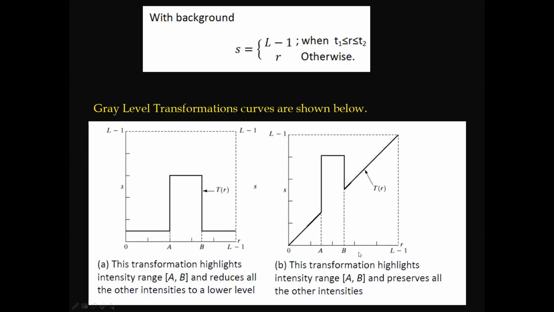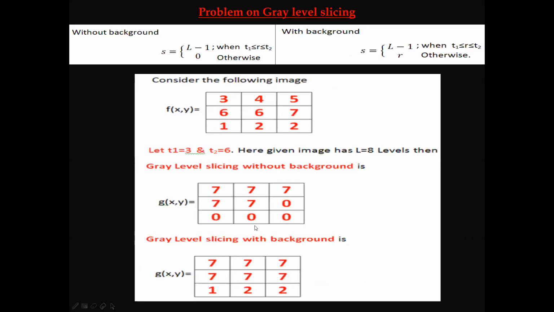In the first case, only between A and B we highlighted, and all remaining intensity levels we kept at a low level. But here, intensity levels go on increasing up to A, are highlighted between A and B, and then again go on increasing. So we are also preserving the other intensity levels. Gray level transformations are mainly used to highlight a certain area of interest in an image. This is an example.